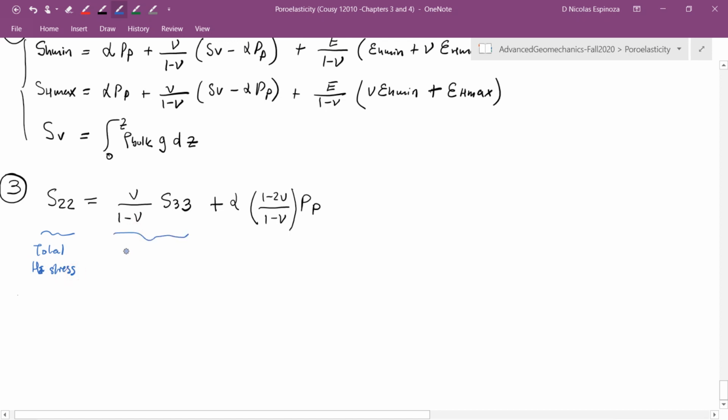This is the contribution to horizontal stress from total vertical stress, and here we are going to call all of these a coefficient with the letter A, and this is our pore pressure.